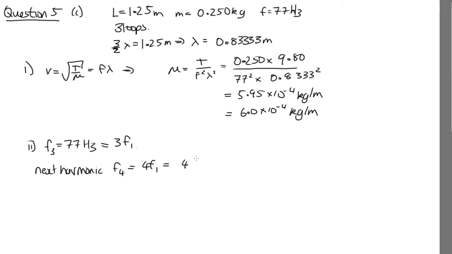So that is equal to 4 times F3 on 3, which is 4 times 77 on 3. And then solving that on the calculator, we get 103 hertz, but 77 is only to 2 significant figures. So this is equal to 100 hertz, and that's to 2 significant figures.